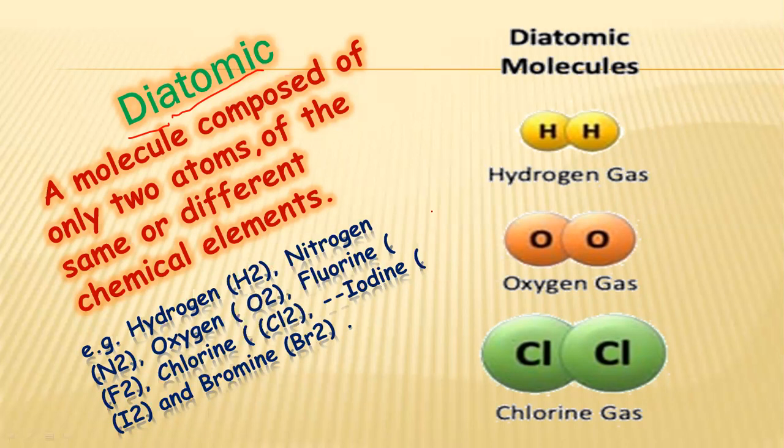For example, H2, hydrogen gas, nitrogen gas, oxygen gas, fluorine gas, chlorine gas, iodine, bromine. They are diatomic, meaning two atoms; O and O combine and form a diatomic molecule.